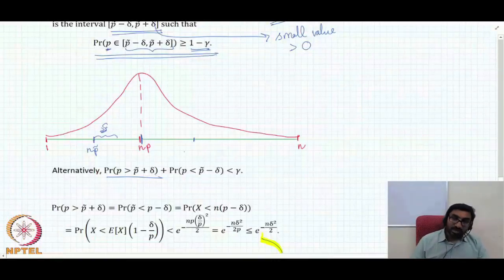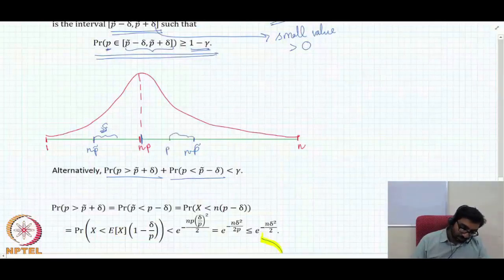Similarly, the other way that p tilde can be too far away from p is if its value is so large that n times p tilde is very large. And that can be expressed by the probability that p is smaller than p tilde minus some delta.